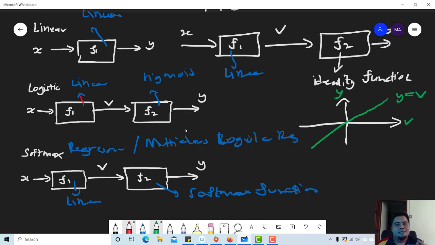And later you will see that in an artificial neural network, you have a lot of functions that can be set as f2, where by changing the function of f2, it will become another regression family model, and this regression is a part of, or some basic thing inside, your artificial neural network.